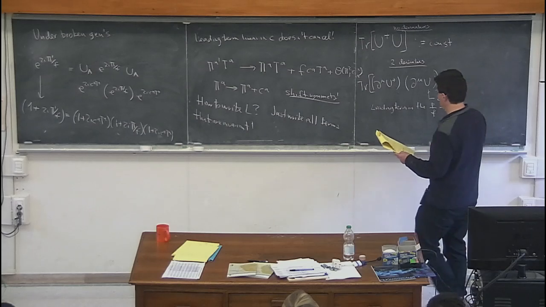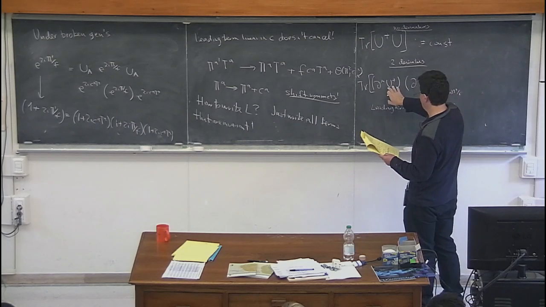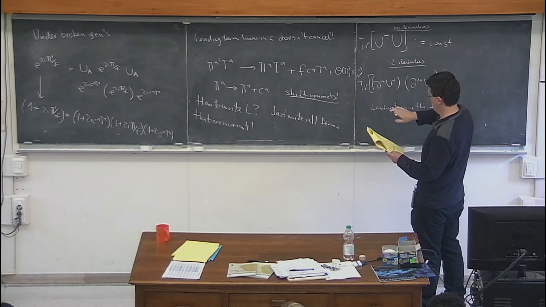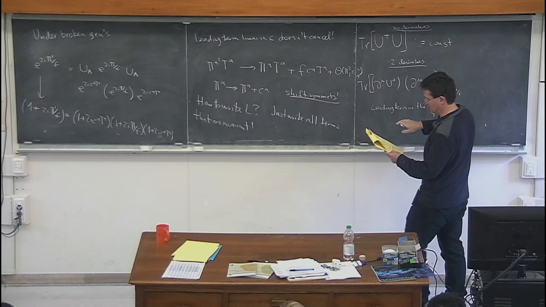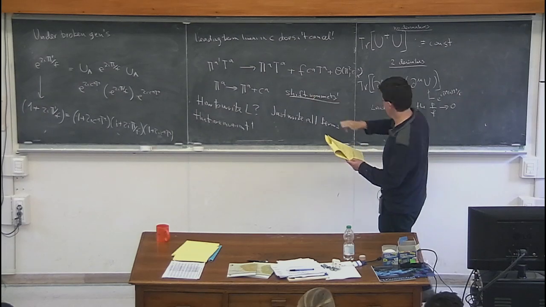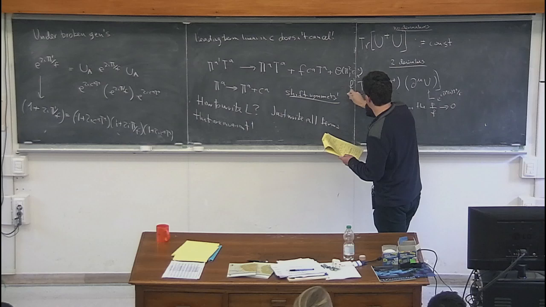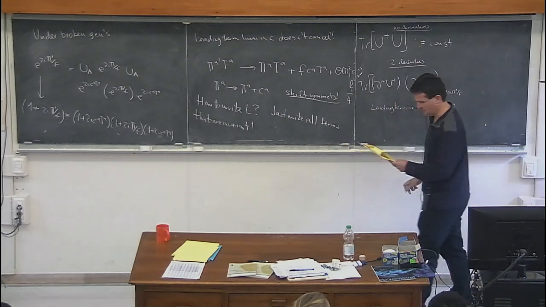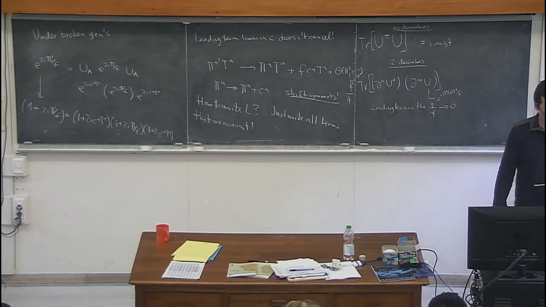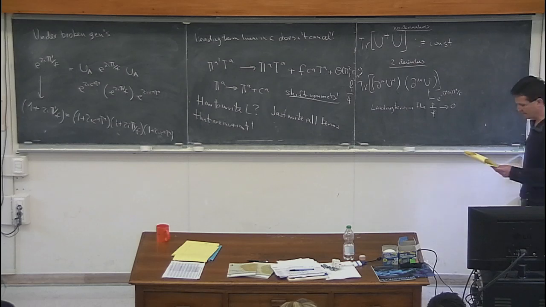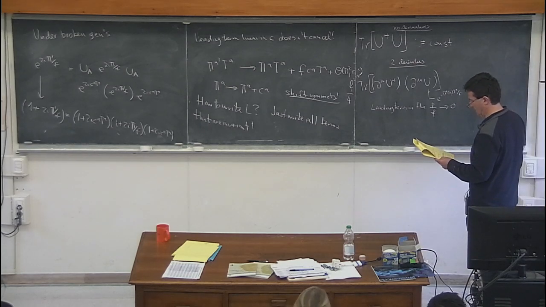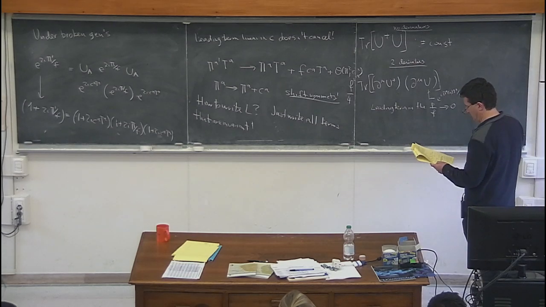If U is multiplied by F, then it turns out you have to put an additional factor of F squared over 4 in order to get the correct normalization for the kinetic terms.